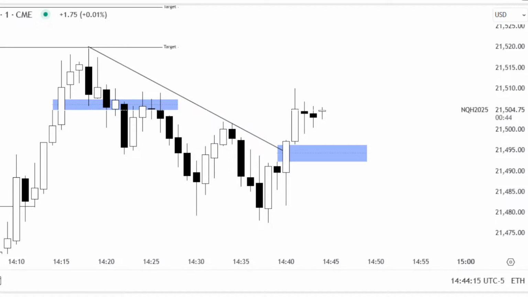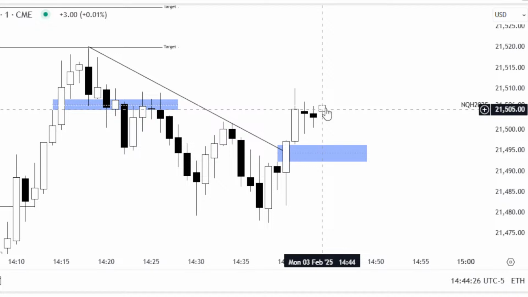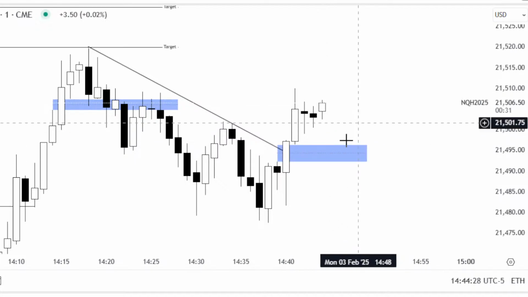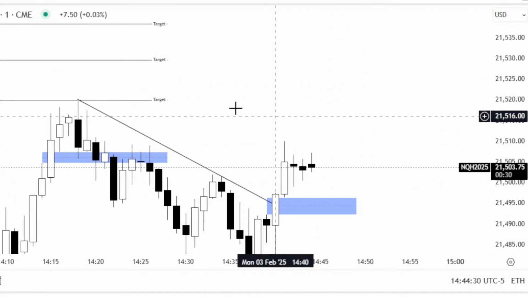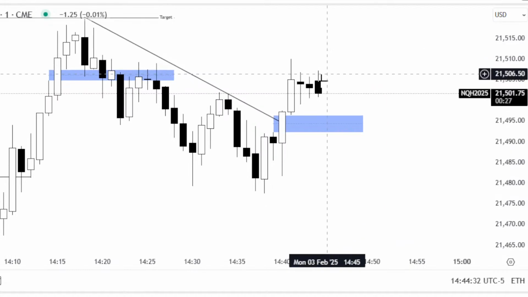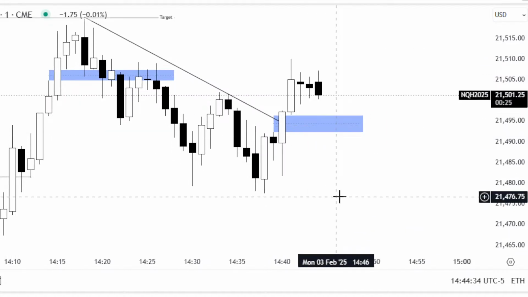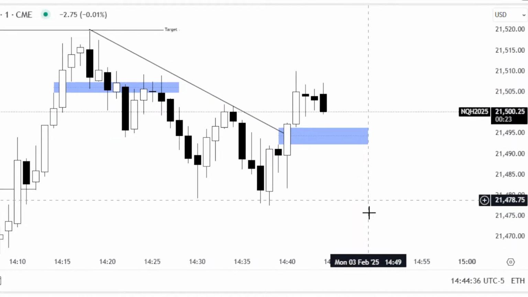Price is consolidating again. Let's see if we want to see some sort of a spike in here, a rejection, then send price higher, or break through, close, test to run price lower.